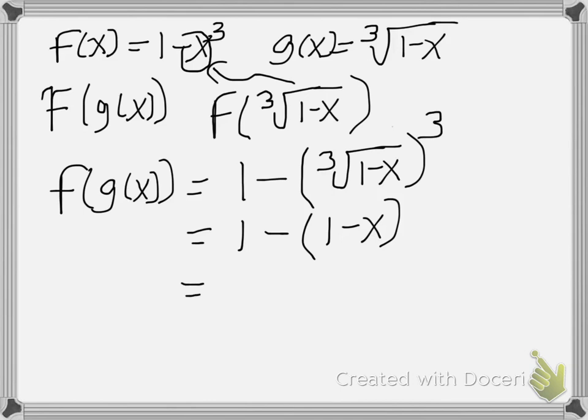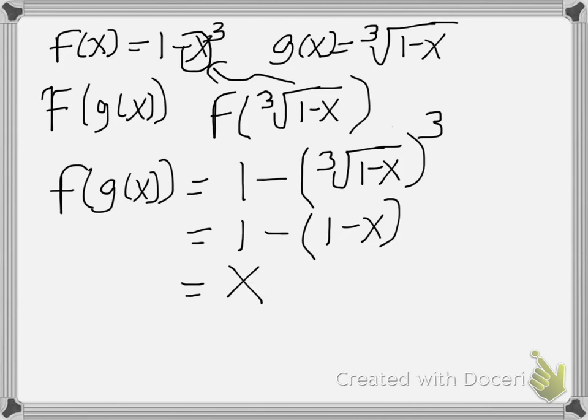Okay, well, what's 1 minus 1? That's nothing. What's the opposite of negative x? That's x. So I get x. So did I get what I wanted when I took f of g of x? Yes, I did.